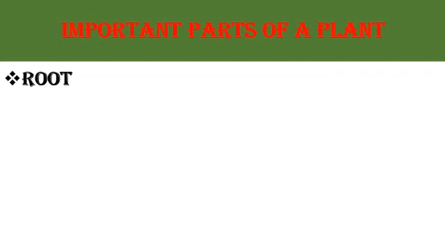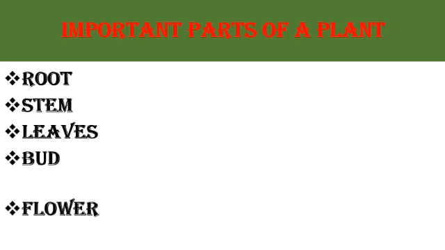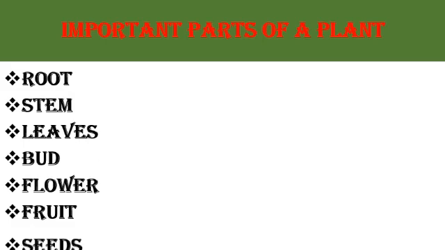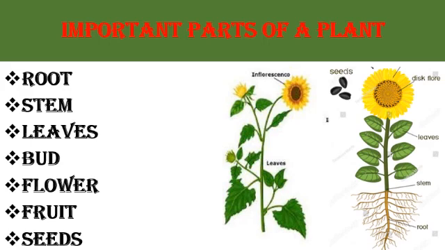Important parts of plants are root, you can see here roots, that is a lower part of a plant, stem, this is a stem, leaves, this is a green part of a plant, buds, this is bud, flower, fruit and seeds.